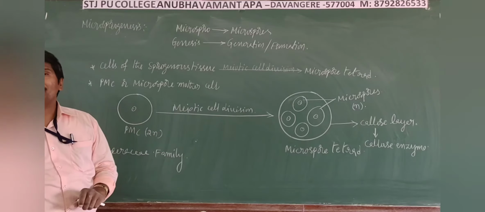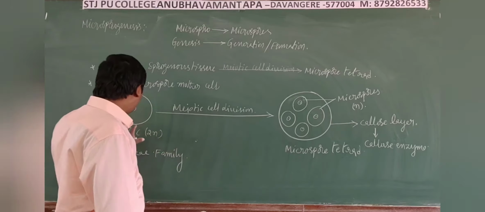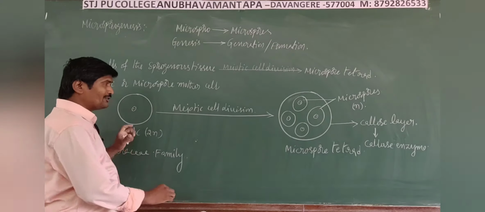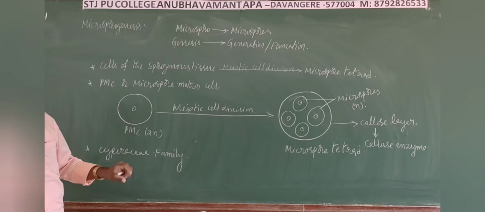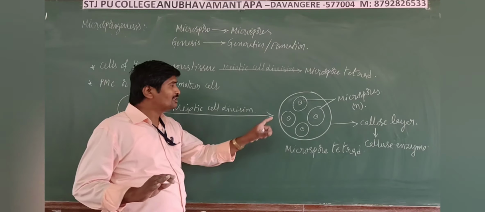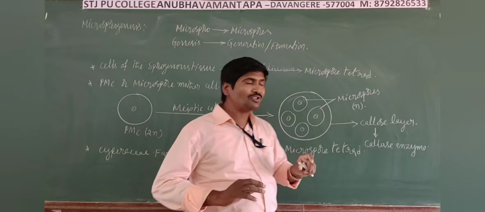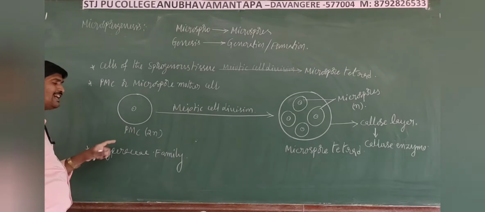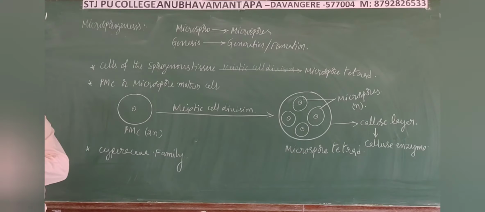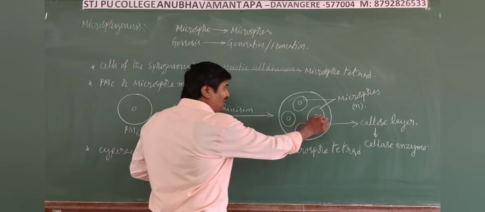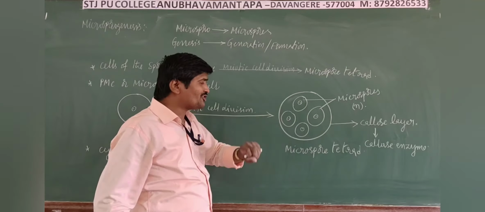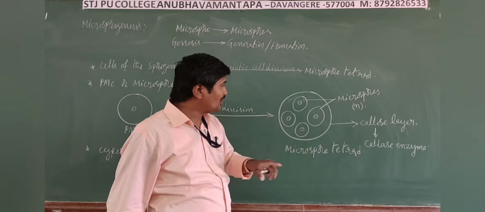Except this family, in all the remaining families, four functional microspores are developed from a single pollen mother cell. Already we have discussed the structure of the microspore tetrad.